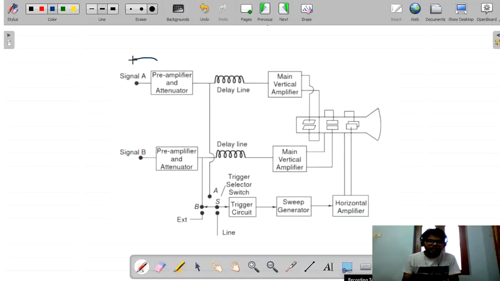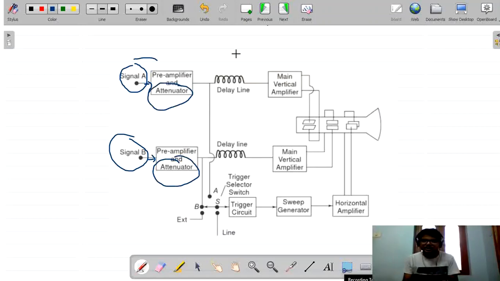By the block diagram we can see that at this point we are giving signal A and at this point signal B. Both signals are given to the preamplifier and attenuator. From this we can clearly see signal B has its own attenuation and signal A has its own attenuation.